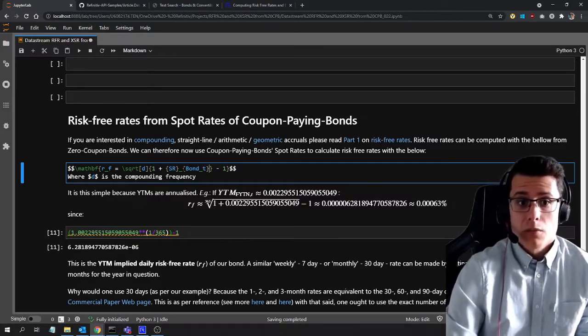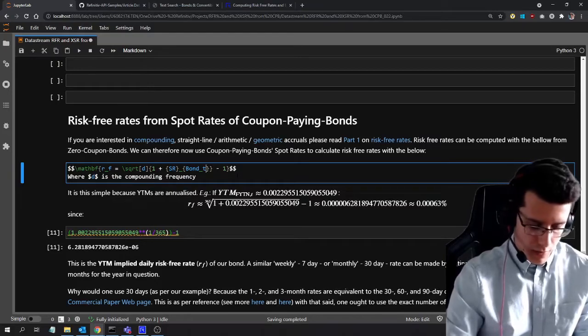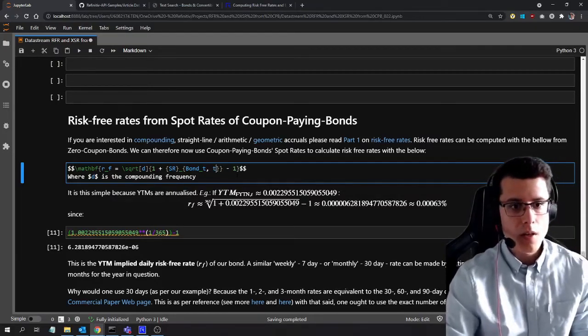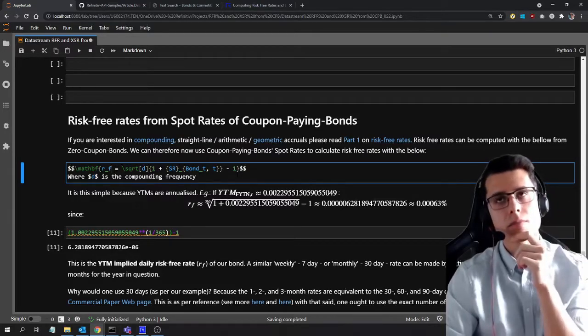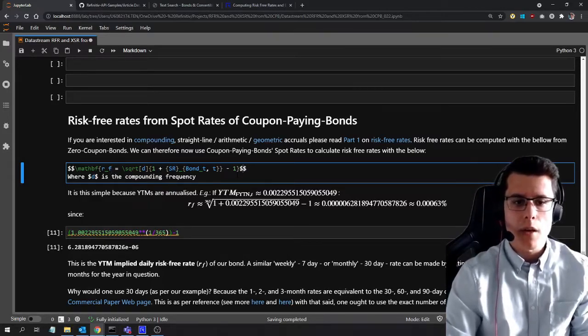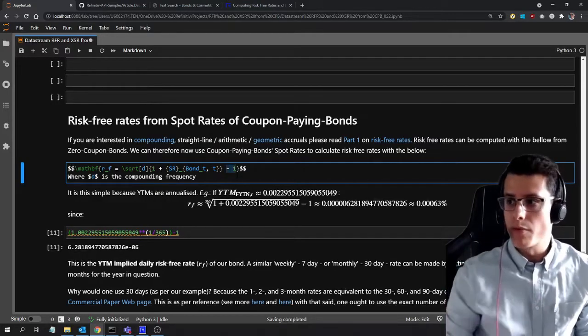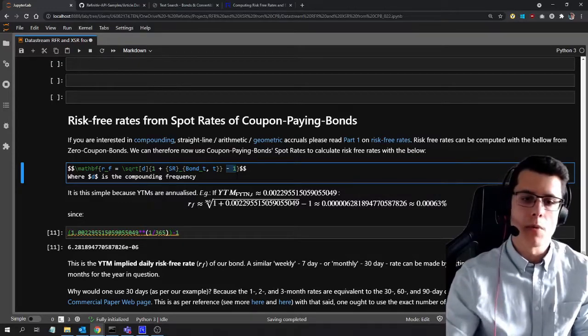However, we still have to keep track of what time period we're doing this for. So comma T, because we're looking at the risk-free rates. Okay, and then -1 because we're converting from a compounding rate, which would be, for example, 1.1, and we're looking at just the profit from that, which is the 0.1, so -1.